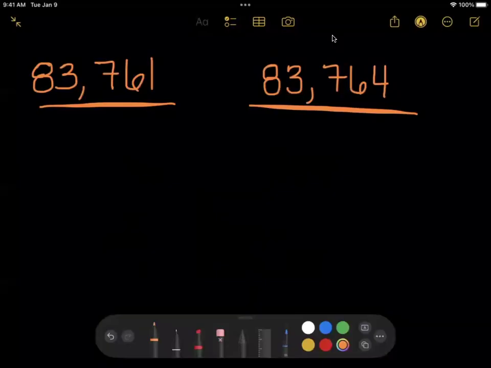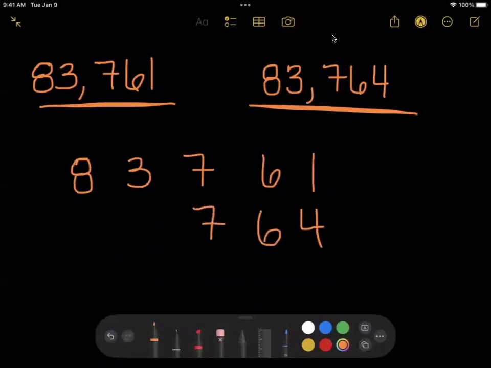But what I like to do is if I'm unsure when I'm looking at it, I like to write the numbers right on top of each other. So I'm going to start with that first number, 83,761. And then I'm going to write the second number right underneath it so that I know that all my place values are lined up. So I might start with the 4 here, the 6 here, the 7, the 3, and the 8.